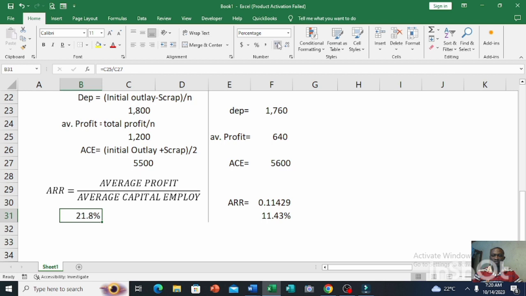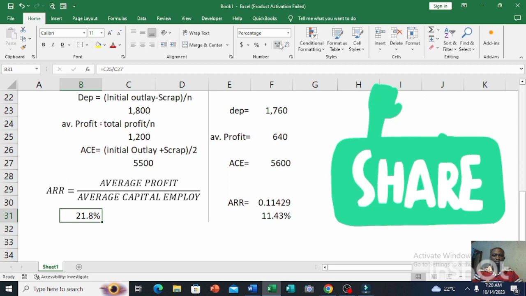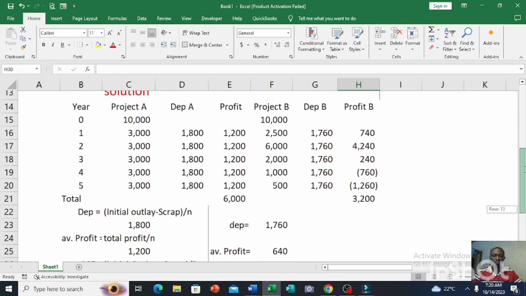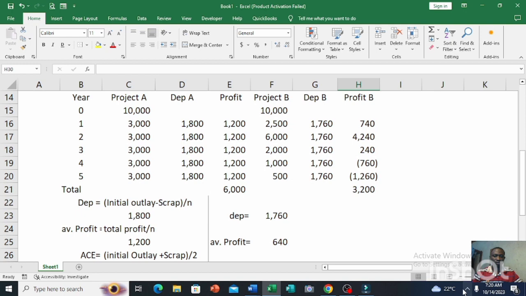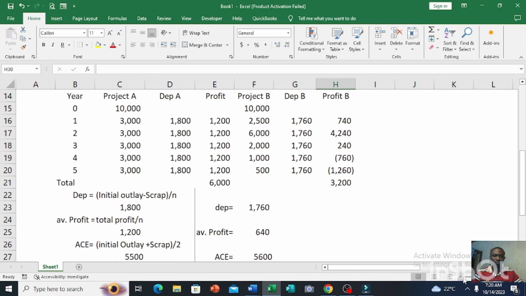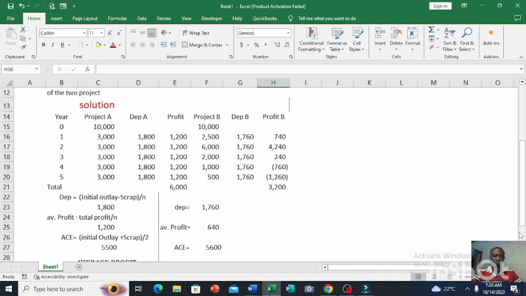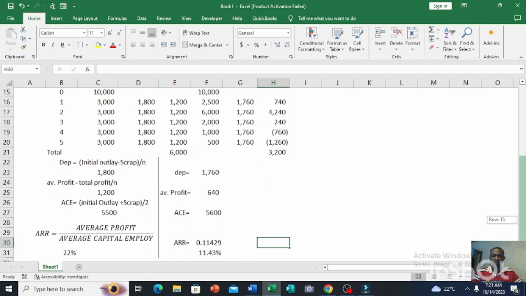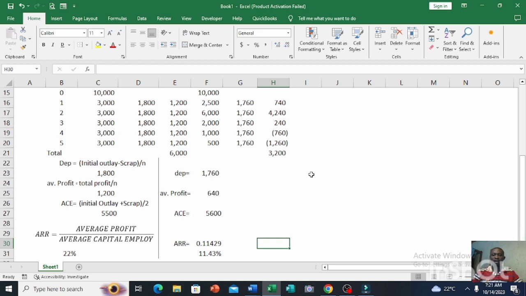Yeah, it's okay. So with respect to our two projects, project A and project B, this is the solution. So the ARR of project A is 22% and ARR of project B is 11.4%. 43%.